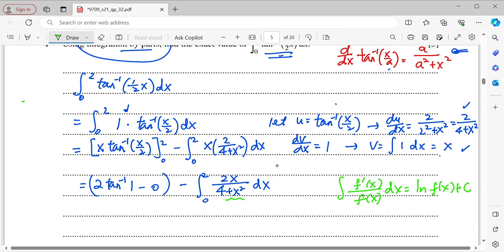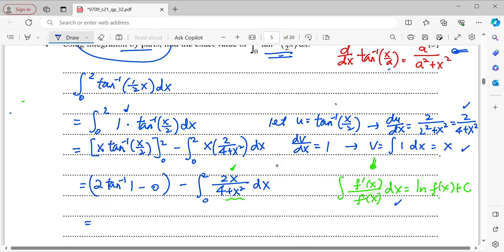When you differentiate a quadratic, it will be a linear function. So when I differentiate 4 plus x squared, it is exactly 2x, which is the numerator, exactly the same form as in the formula. So I will be getting ln of the denominator. For the integration, I will be using this formula later on.